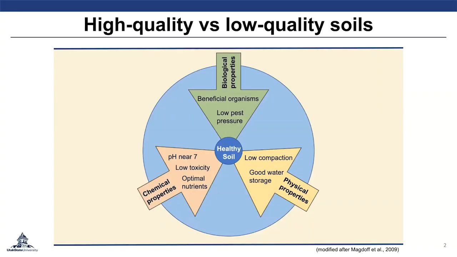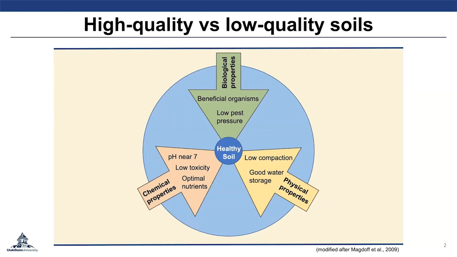So just to start out with, just conceptually looking at soil health, high quality versus low quality soils, there's really these three domains in soil: the biological properties, the physical, and the chemical properties that all work together to contribute to a healthy soil. So you're going to have those beneficial organisms and low pest pressure.